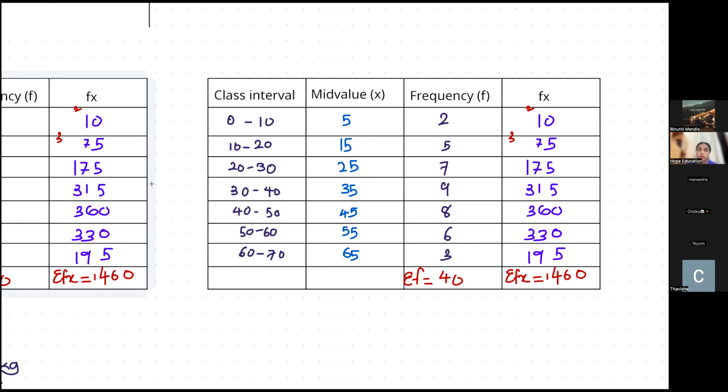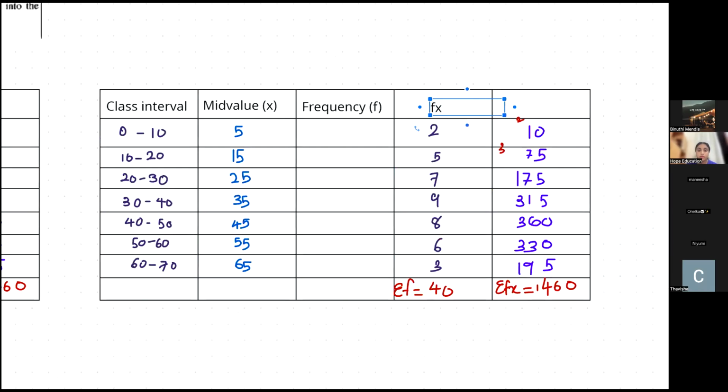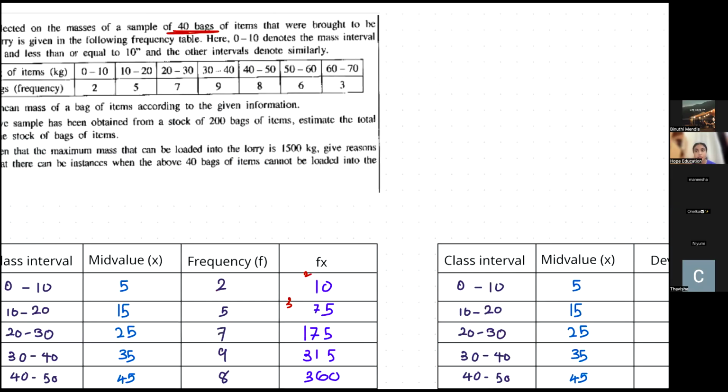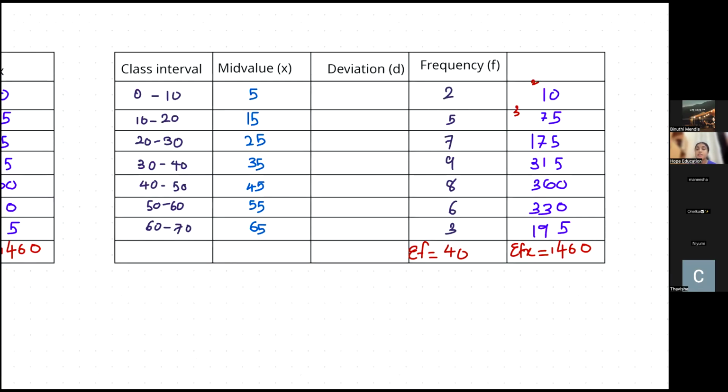We need another column, a deviation column. If we are using an assumed mean and it hasn't been given to us, we take the mid value of the model class as the assumed mean. Model class is the class with the highest frequency.